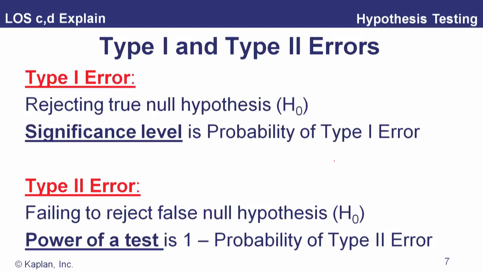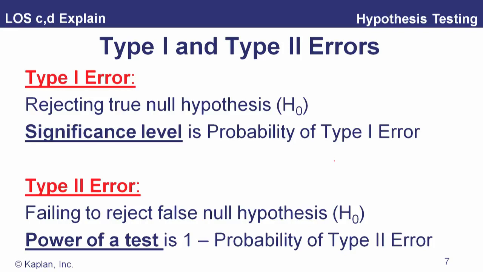Now, there's two types of errors we can make in hypothesis tests. A type 1 error is rejecting the null hypothesis when it's actually true. And the significance level of the test is the same as the probability of a type 1 error.